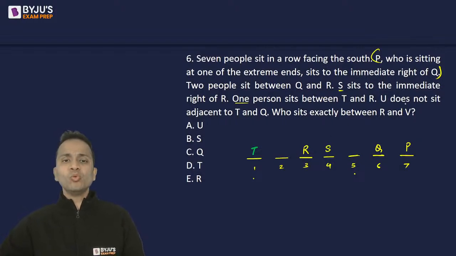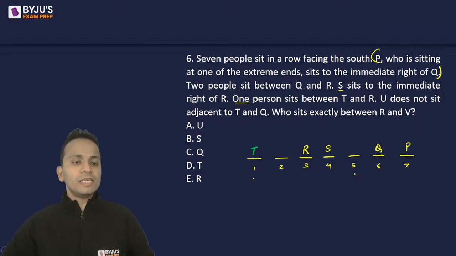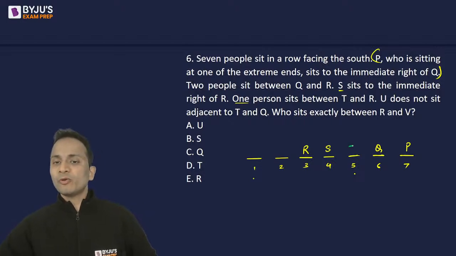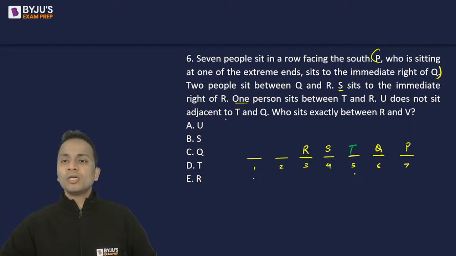But they are saying that U does not sit adjacent to T and Q. So that means T cannot sit at chair number 1. T will sit at chair number 5. Okay. So T का place decide हो गया chair number 5. So now U can sit at chair number 1 or chair number 2.